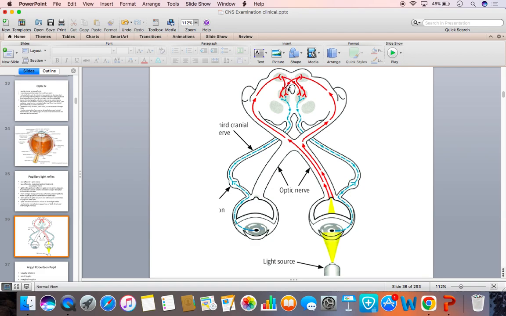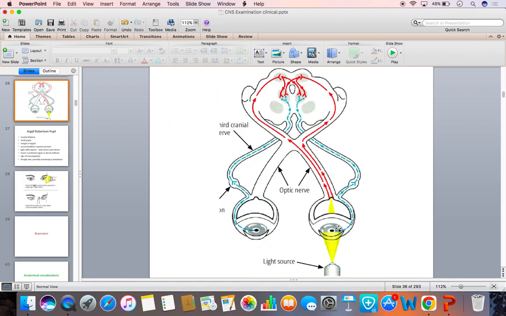From there, they go to the Edinger-Westphal nucleus of both sides. Efferents from there reach the pupillary constrictors of both the eyes. That means when you focus the light on one eye, it will cause the constriction of the pupils on both sides. Okay, understood?